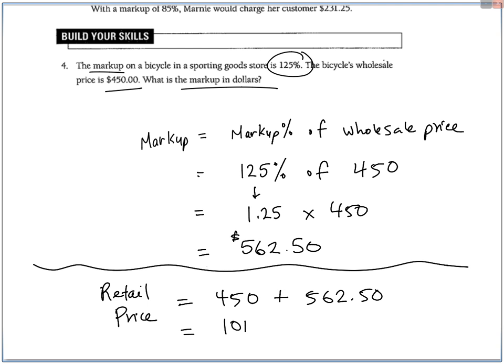So $1,012.50. Okay, so if you sold this bike for $1,012.50, you'd recoup this cost, 450, so that's back in your pocket. Then you could use this 562 to pay a bunch of bills and take a little bit for yourself.